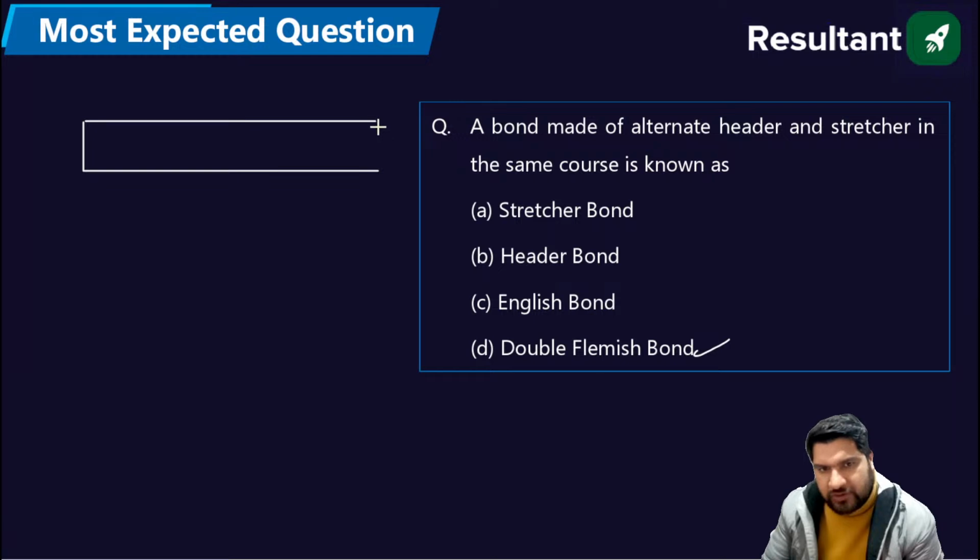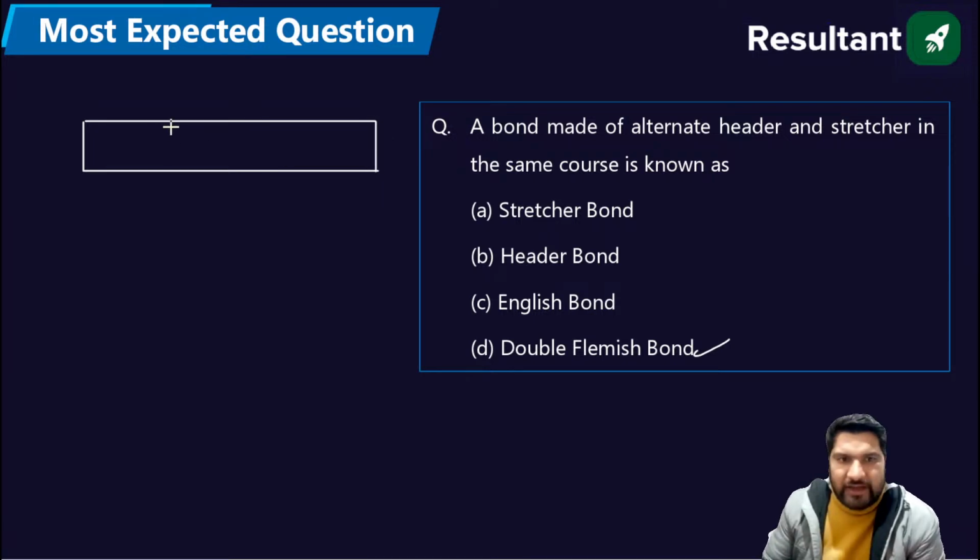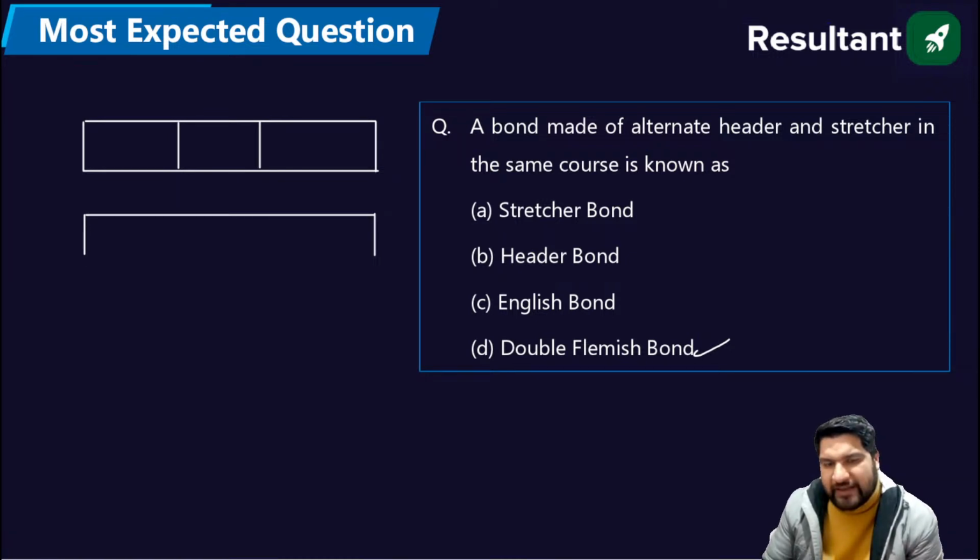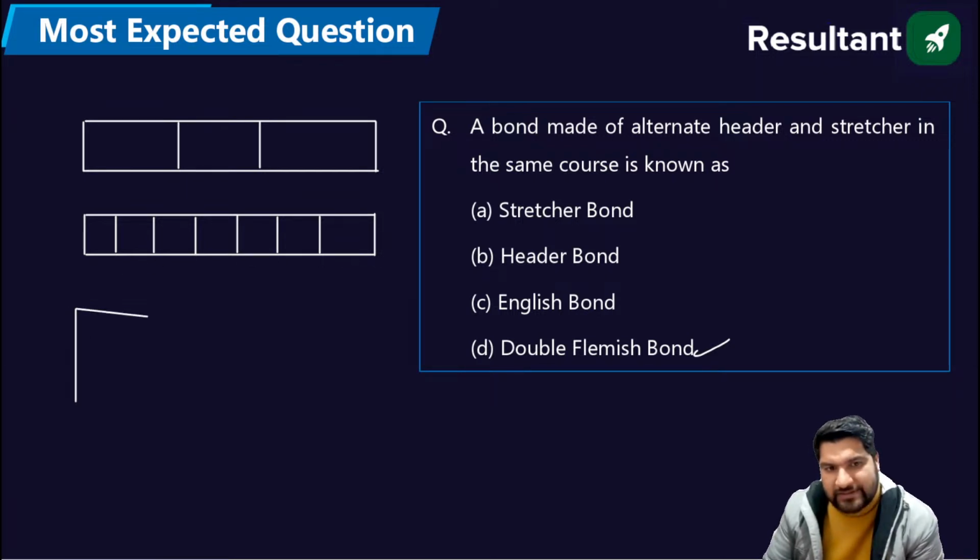This will be the stretcher bond. And if we are making another wall, placing the header side, this will be the header bond, not English bond. Now, I am making another bond, guys.